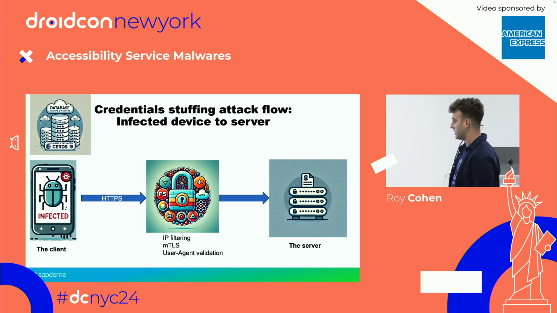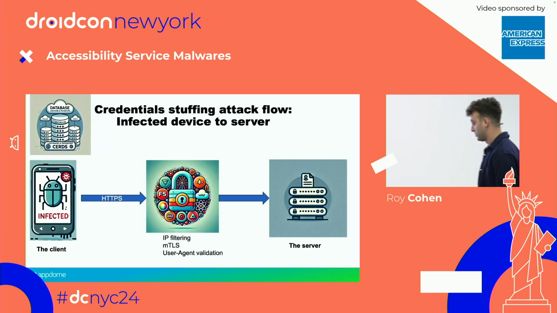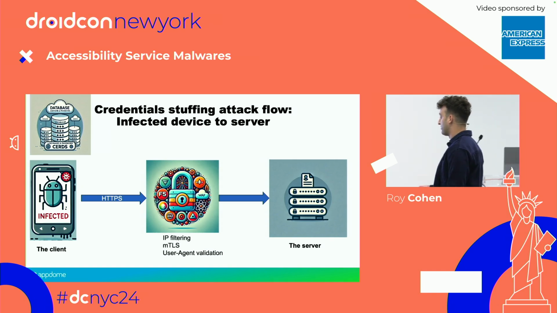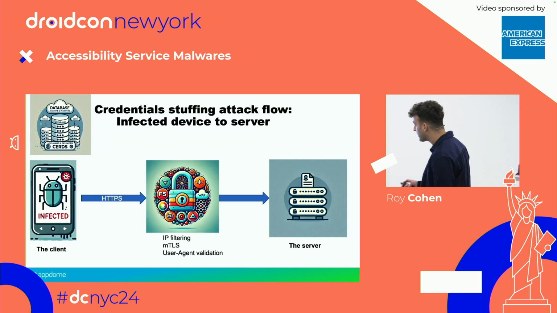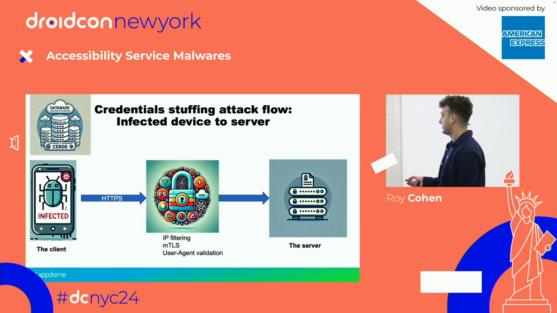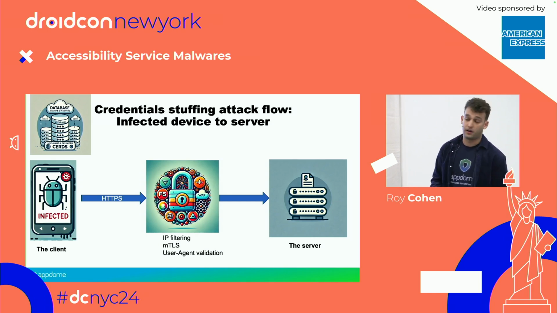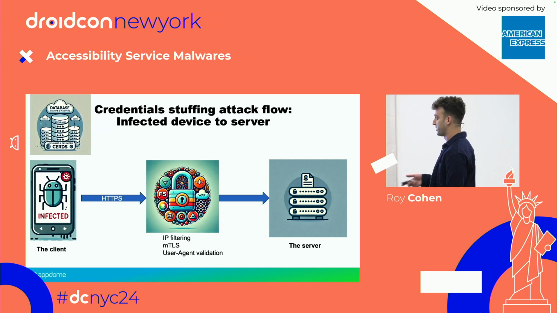We have a client that was infected with a malware, the WAF, the Web Application Firewall, which sometimes does IP filtering, mutual TLS, and user agent validations, and we have the server. The infected device would get some combo lists, some usernames and passwords it would want to try. We will speak about how we can get those usernames and passwords later.